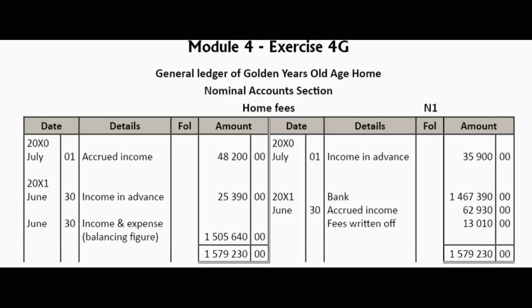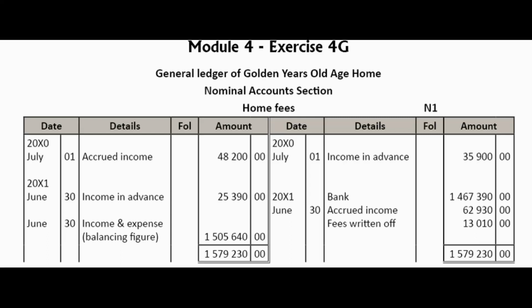And then the other one is income received in advance, 35,900. So you will debit income received in advance and you will credit home fees, 35,900. Okay. Then they say during the period, the amount that we received was 1,467,390.